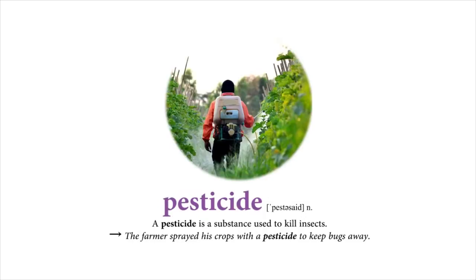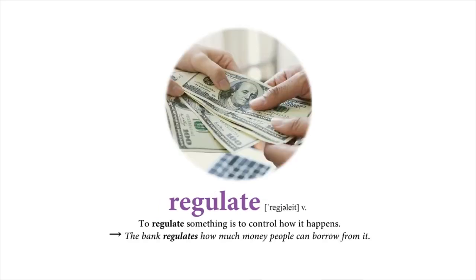Pesticide. A pesticide is a substance used to kill insects. The farmer sprayed his crops with a pesticide to keep bugs away. Regulate. To regulate something is to control how it happens. The bank regulates how much money people can borrow from it.